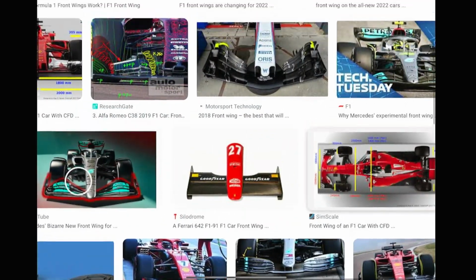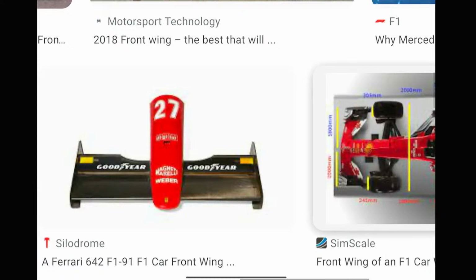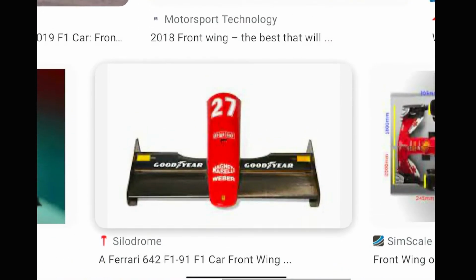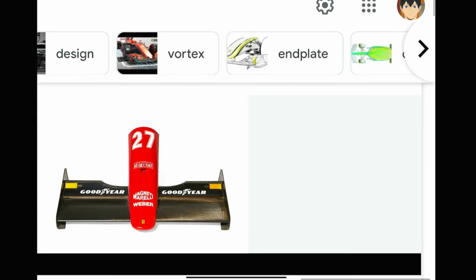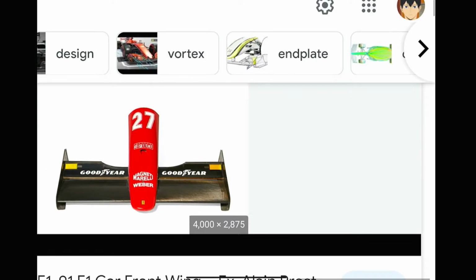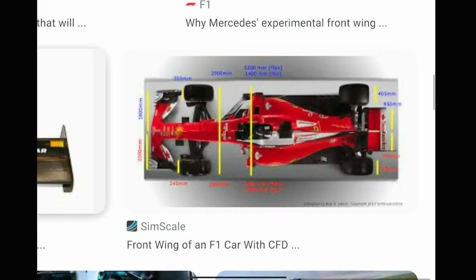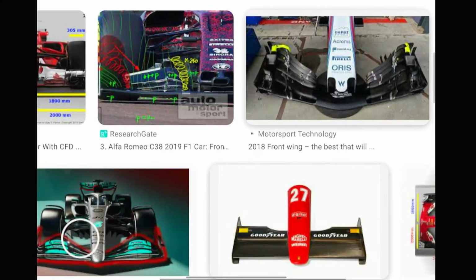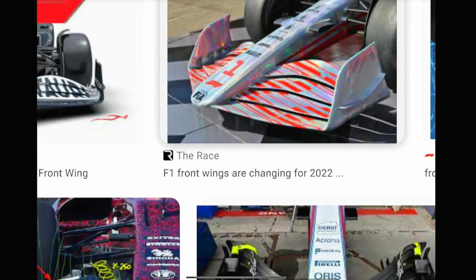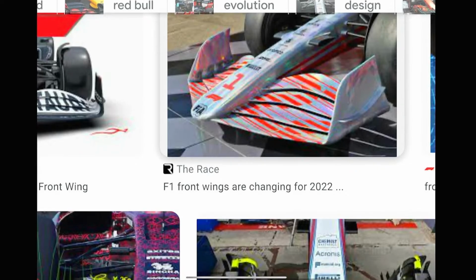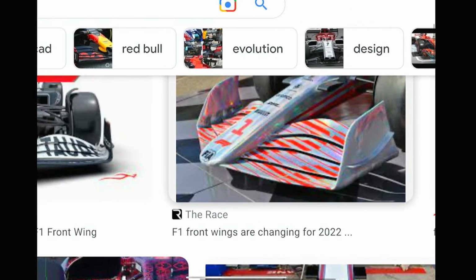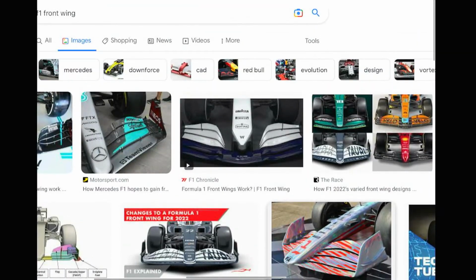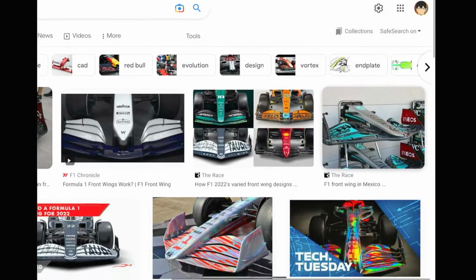Okay, so back in the old days, the wings were only like 1 and 2. Okay, this is only like 1 and 2, but then they changed. They have like 1, 2, 3, 4 slotted flaps. That's how impressive the downforce that they generate.